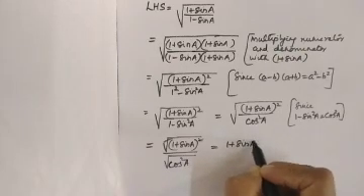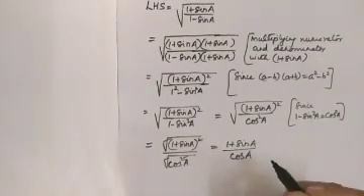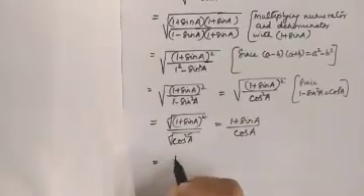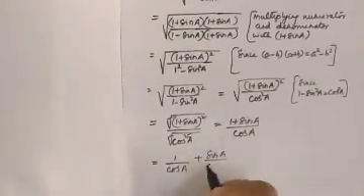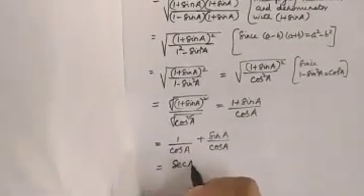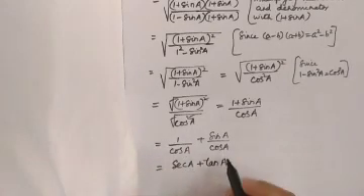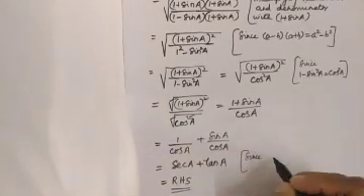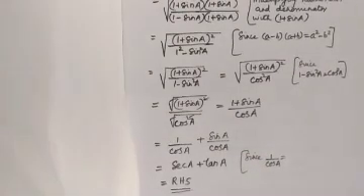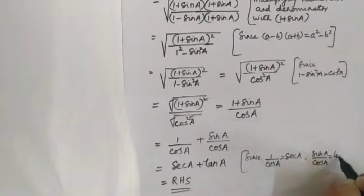It is 1 plus sin A by, here also root and square get cancelled, cos A. Now you can split this: it is 1 by cos A plus sin A by cos A. Now 1 by cos A is sec A and sin A by cos A is tan A. That is the right hand side.